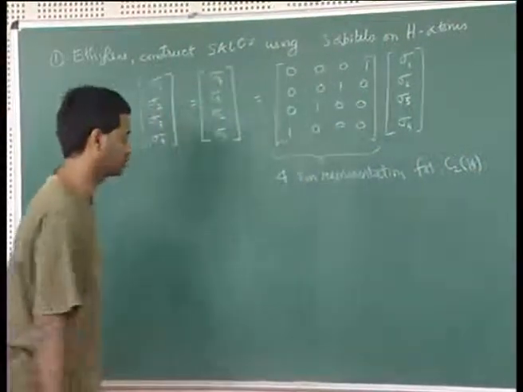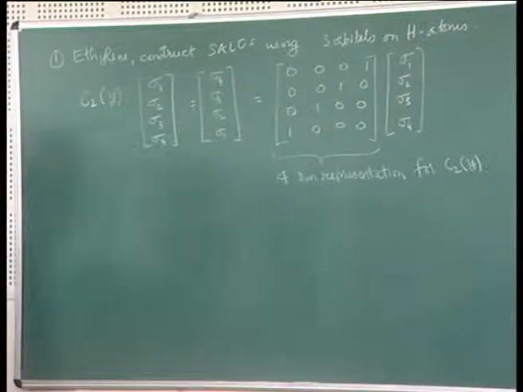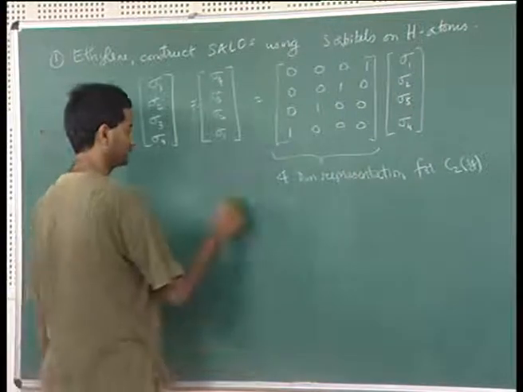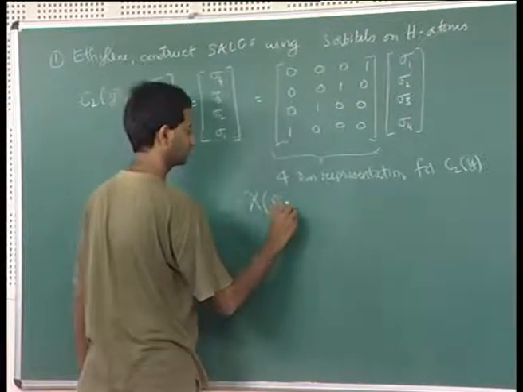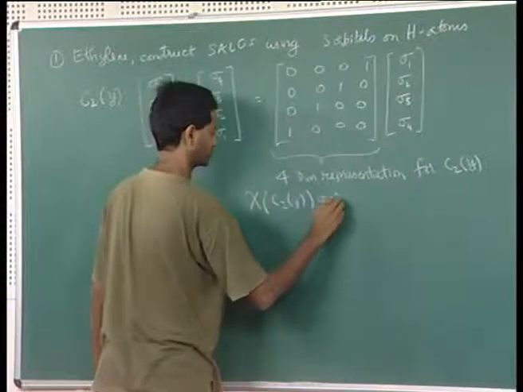So this is the matrix corresponding to a 4-dimensional representation for C2y, and chi of C2y equal to 0.